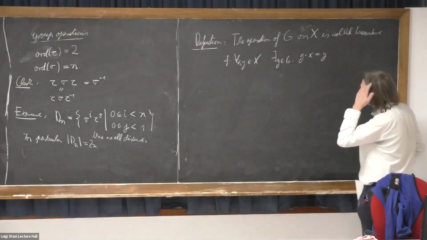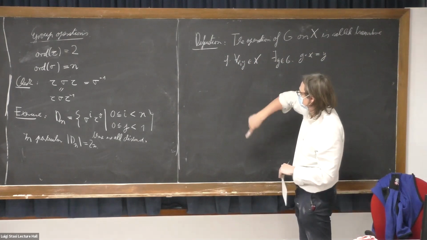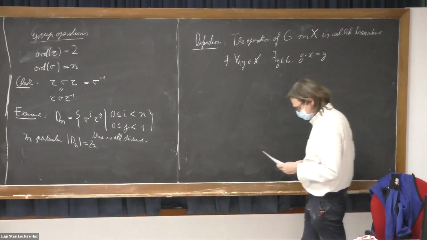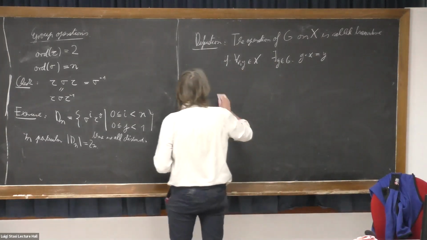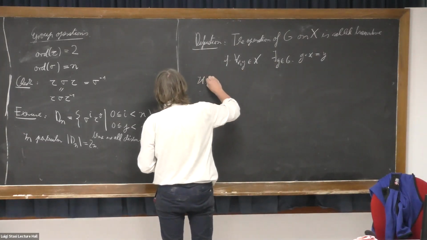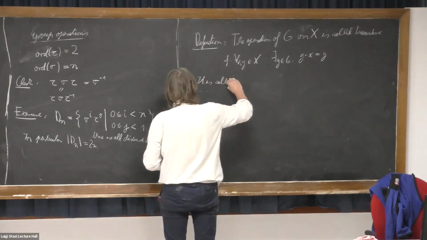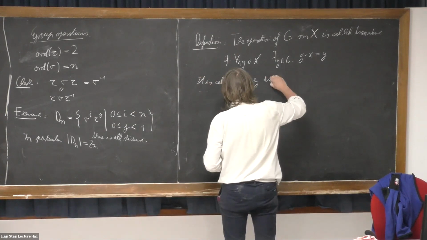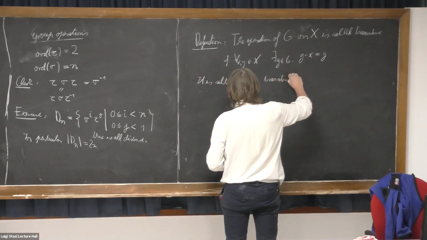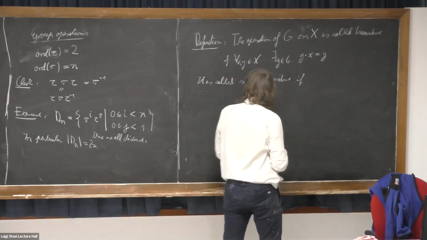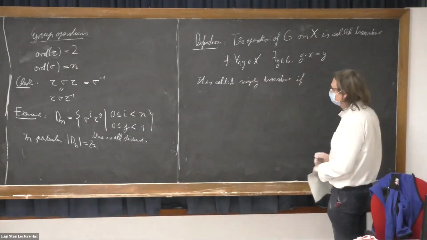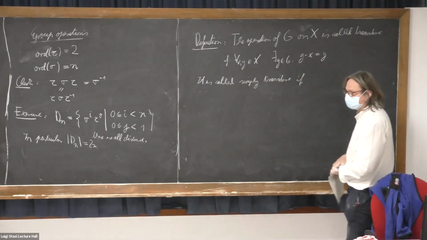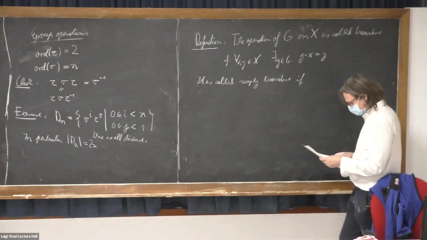So the elements can really go everywhere. Every element can go everywhere. And it's called simply transitive if you can send any element to another one, but only in a unique way. Only one element sends a given element to another.